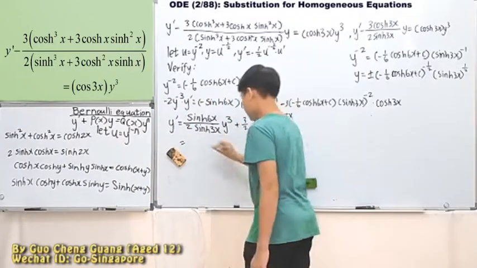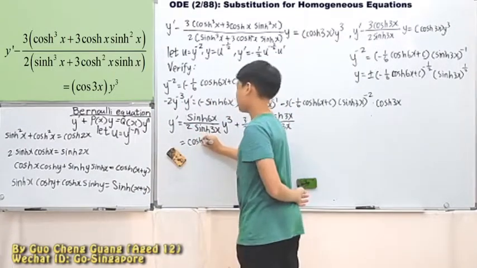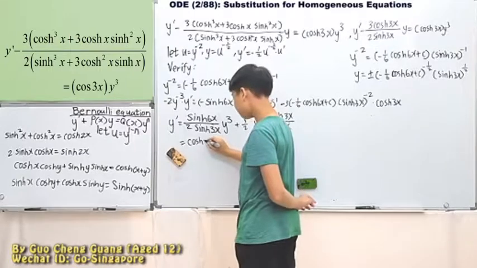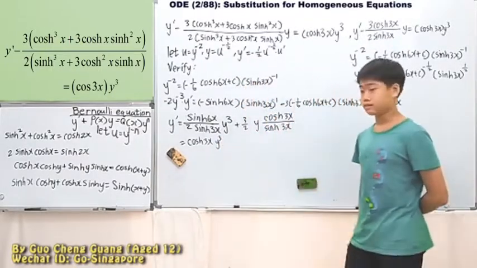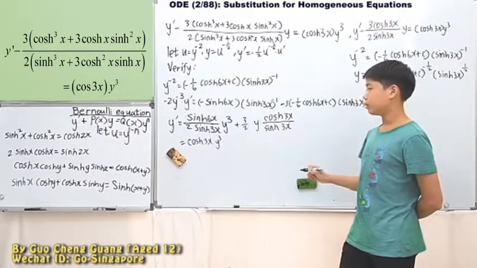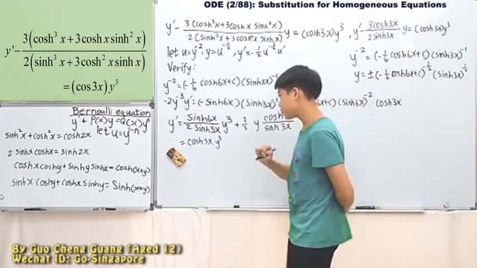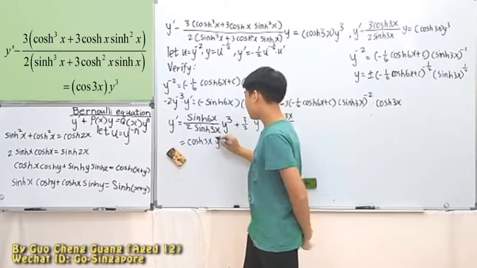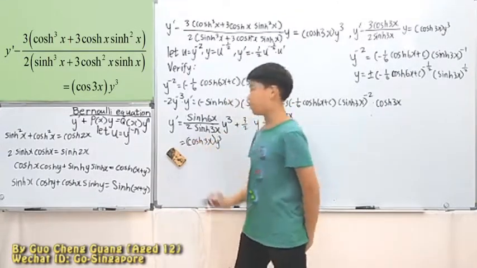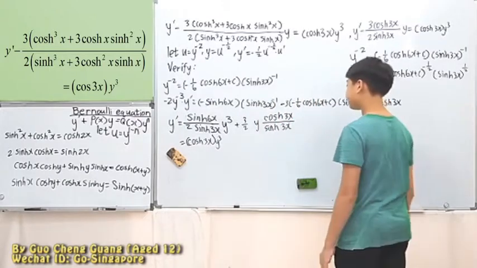That means it cancels out with this. And you'll be left with hyperbolic cosine 3x. Like this. Oh wait, would it be confusing if you put like this? Is y cubed inside this hyperbolic cosine? So we'll just put brackets for this, okay?